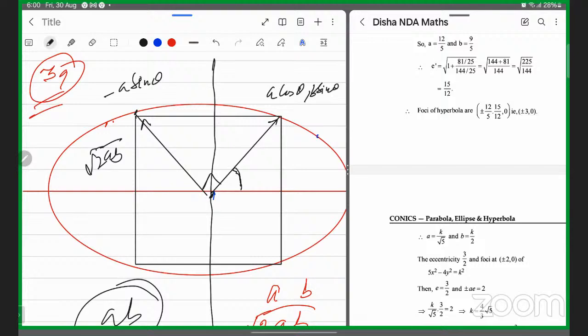In a square you will get 90 degree. So here 45, here 45.